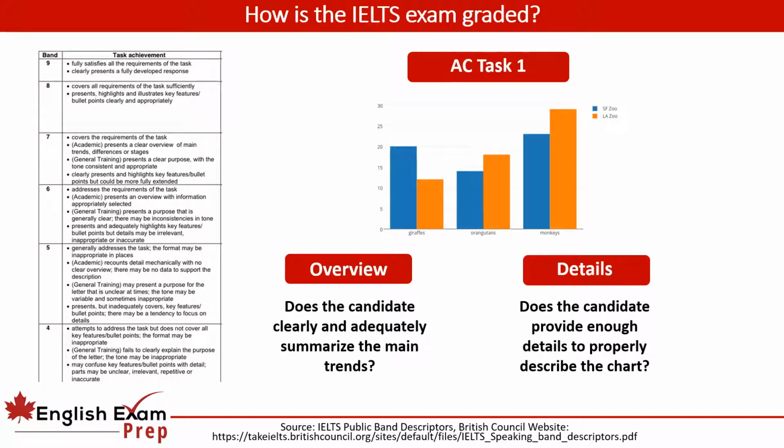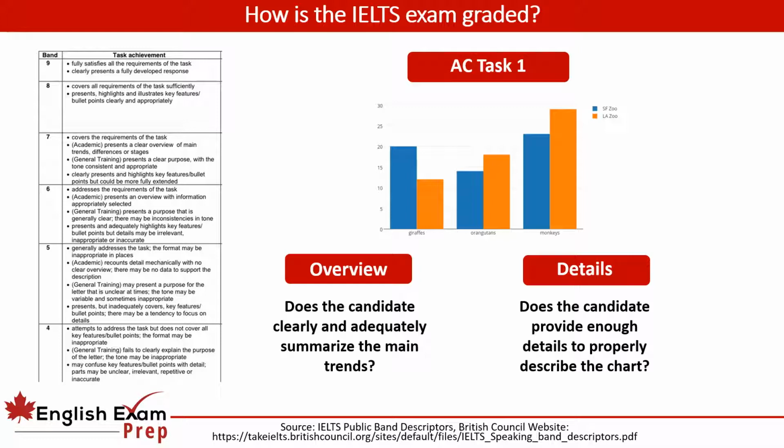All right, when we take a look at a 6, it presents an overview with information appropriately selected. Great. We'll skip the next bullet point because that talks about general training. But the final bullet point says it presents and adequately highlights key features, but details may be irrelevant, inappropriate, or inaccurate. That's when somebody puts in details that simply aren't important for describing the graph.